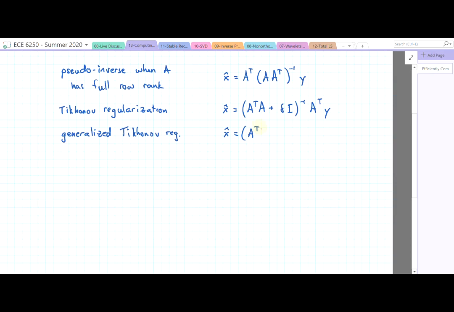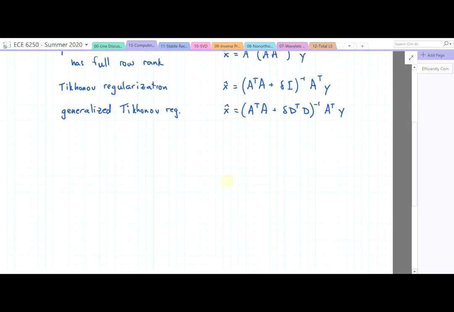And this is the generalized Tikhonov regularization, and it looks like this: (A transpose A plus D transpose D) inverse A transpose y. So the only difference here is now instead of the identity matrix, we have some symmetric positive definite matrix indicated by D transpose D.